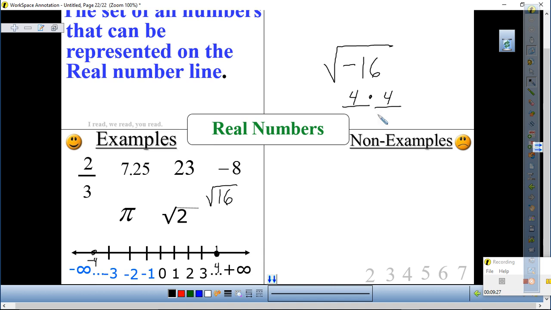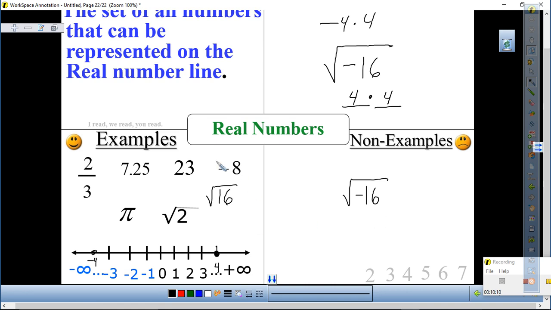Did anybody find the number? What number times itself gives us -16? Now, I heard you say -4 times 4, but is this the same number? No, it has to be times itself. Is there such a thing? No. So what can we conclude about this number? It's not real, so where does it go? So write that in here, negative 16.